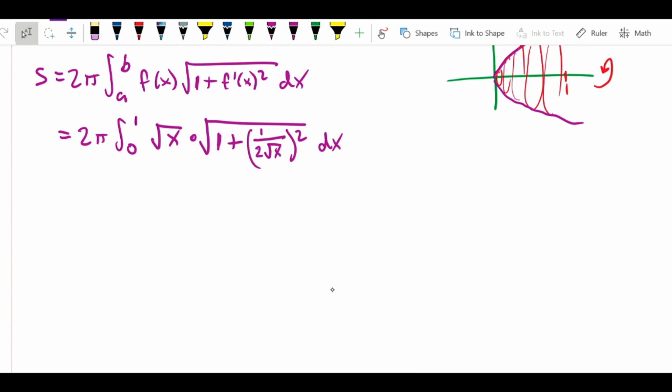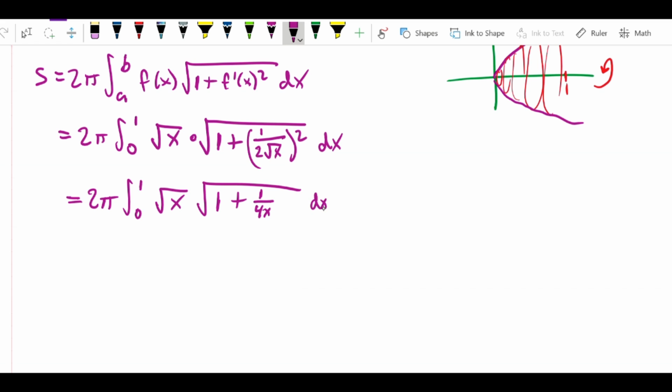So let's do a little simplification here. There are a couple of different ways you can arrive at this. I don't know that I necessarily do it the most efficient way, but this comes out to square root of x times the square root of 1 plus 1 over 4x dx. I can combine square roots when I multiply them.